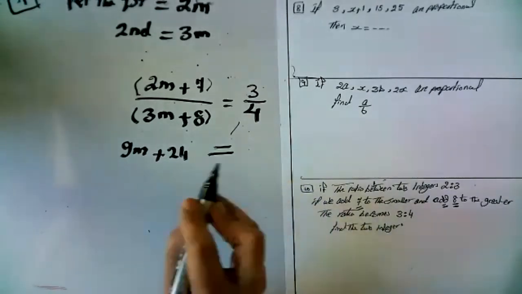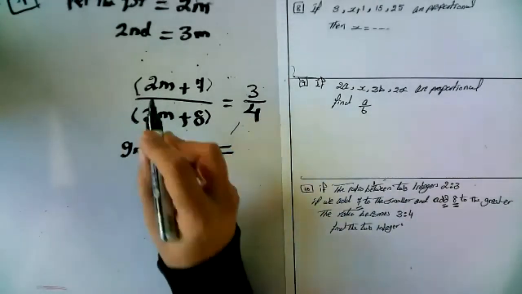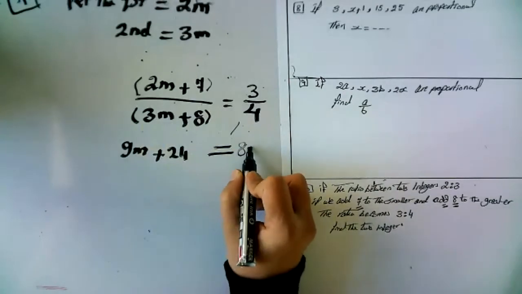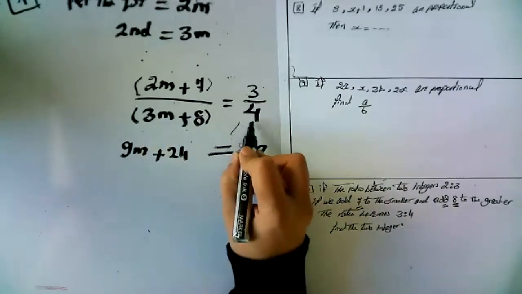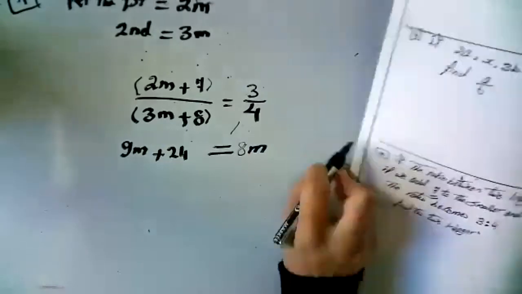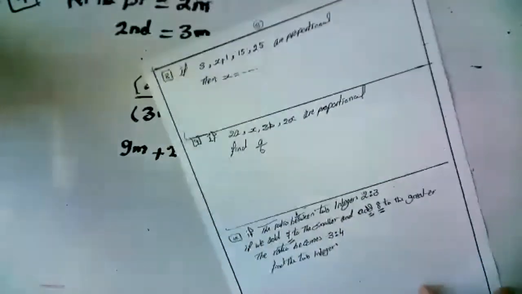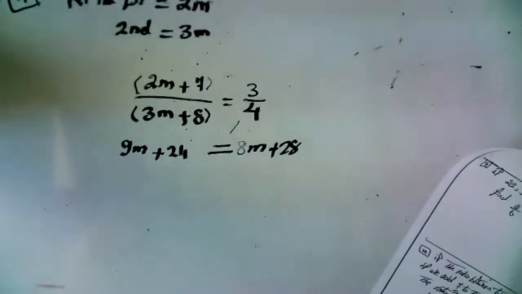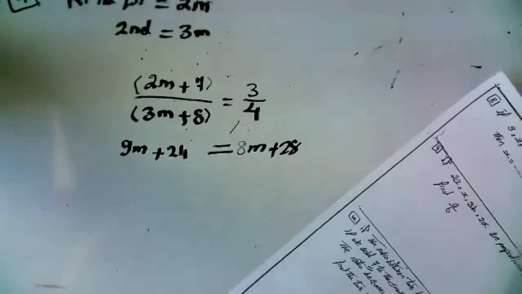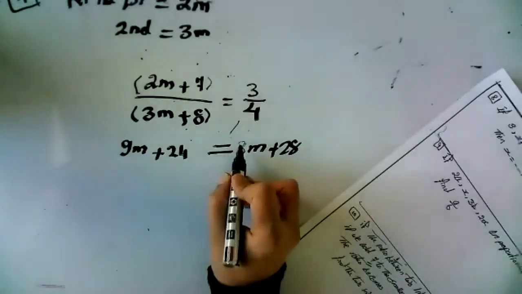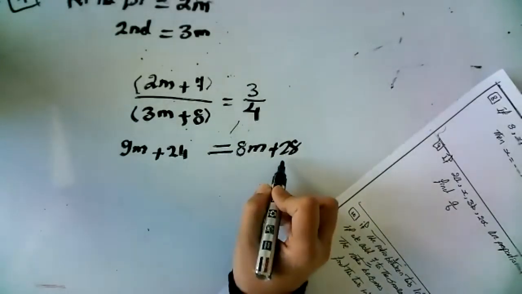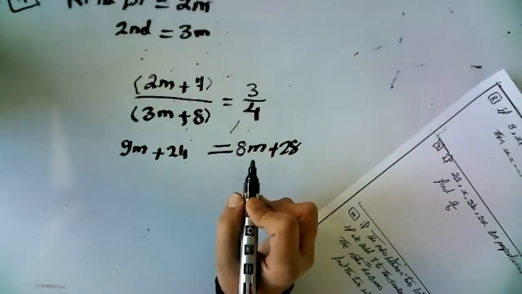And the right-hand side, 4 times 2m, 8m, 4 times positive 7, positive 28. Then 9m plus 24 equals 8m plus 28. Now collect like terms.